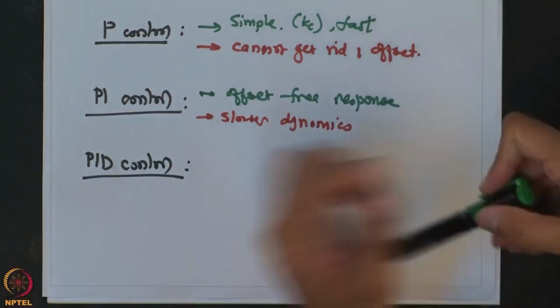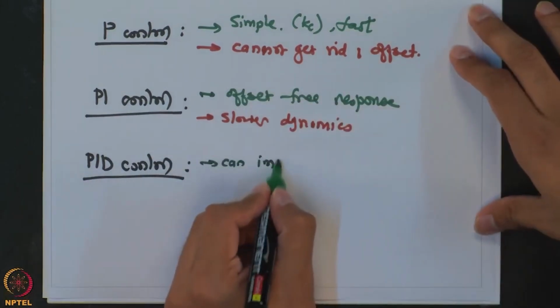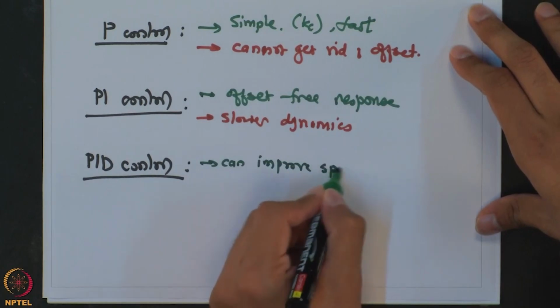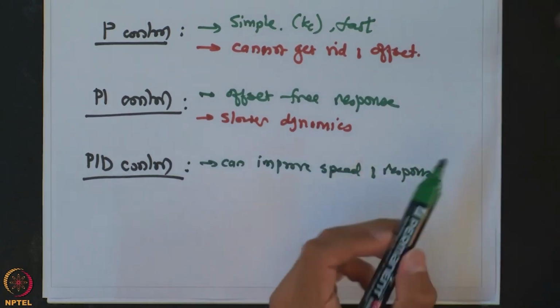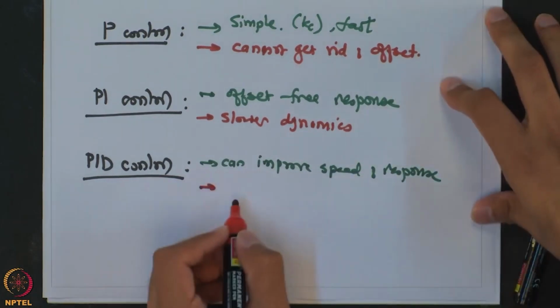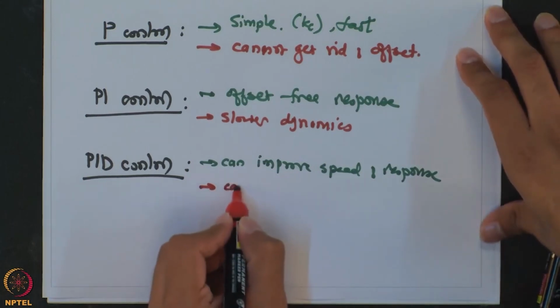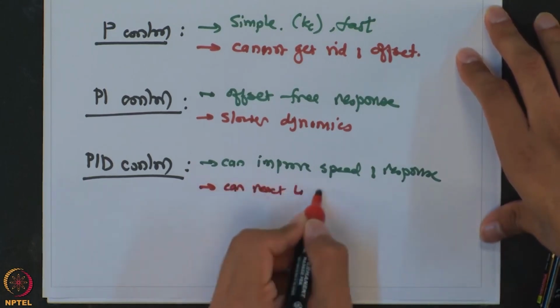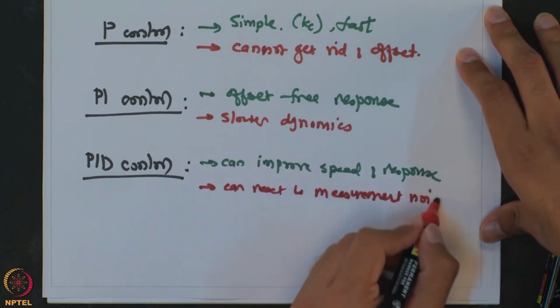The advantage is it can improve speed of response. But at the same time, it has limitations in terms of it can react to measurement noise, which is a very key thing.